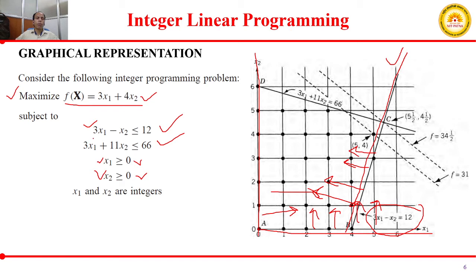Then we have another constraint, 3x1 + 11x2 ≤ 66. This is the line corresponding to this constraint.